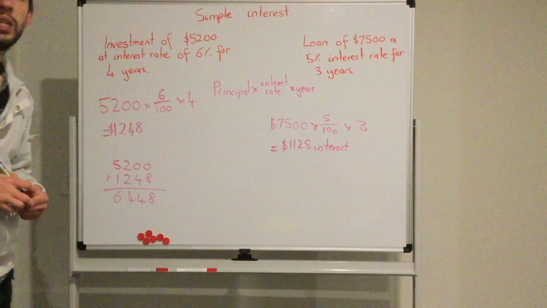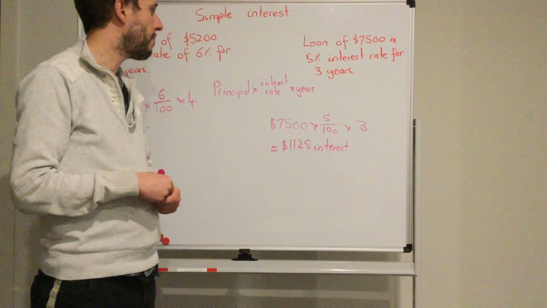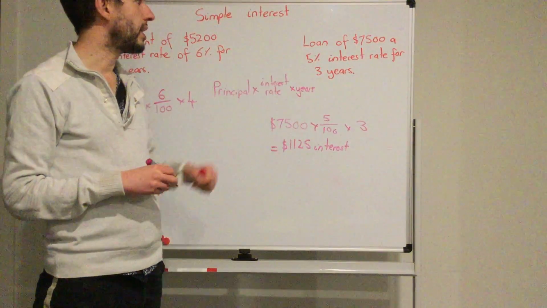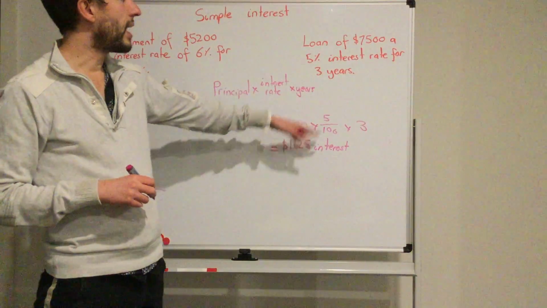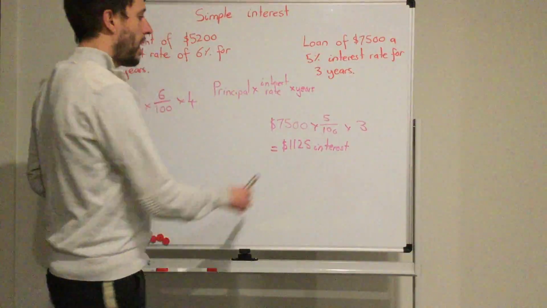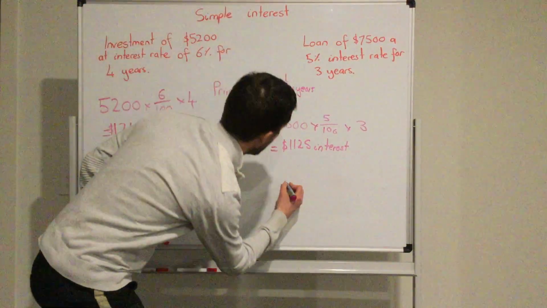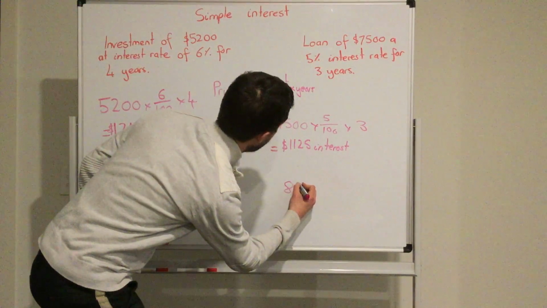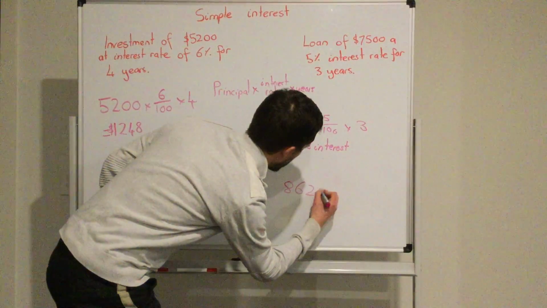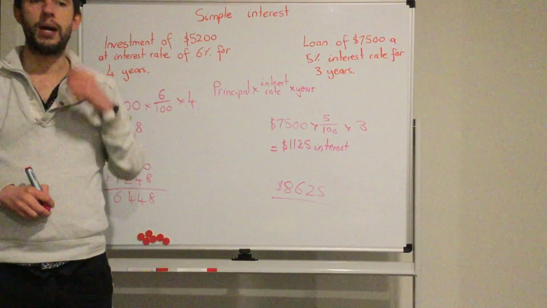So if 1,125 is the amount of interest I need to pay, how much am I paying in total? I'm paying 7,500 plus 1,125, which will equal $8,625. So that is the total of what I'm paying.